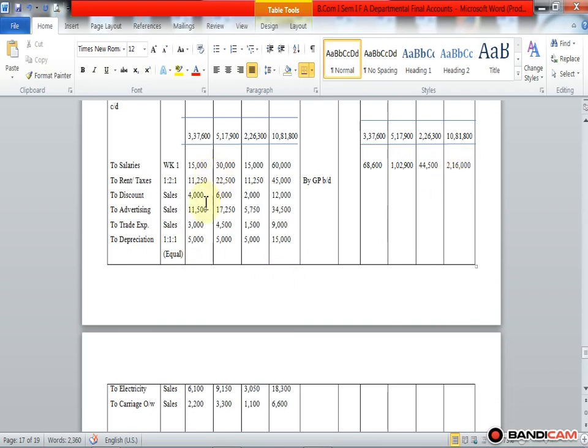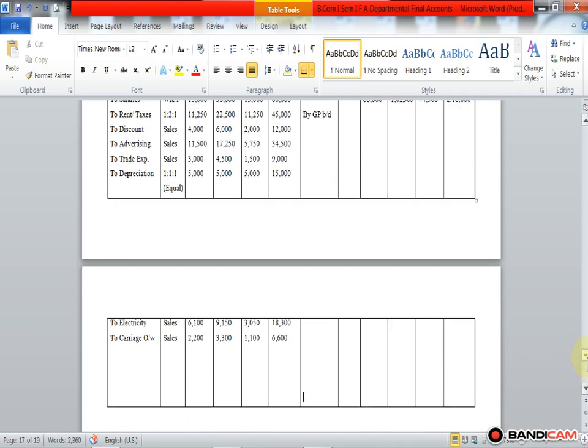Here the credit side's total is more, so take this into credit side.